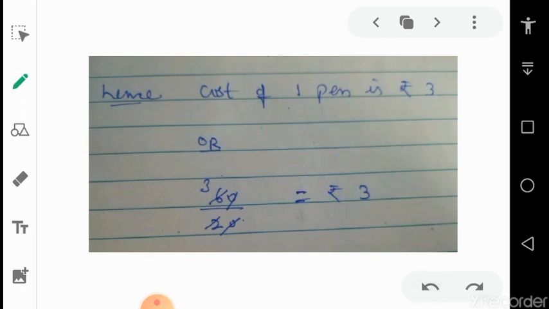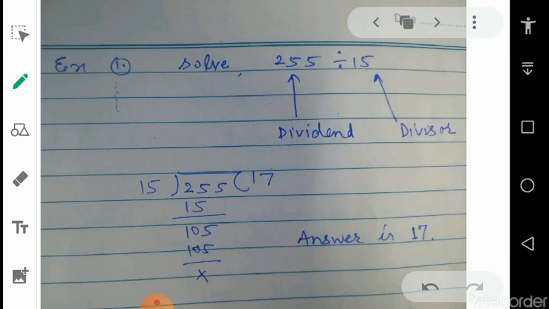Next is an example which is also important. Okay, solve 255 divided by 15. This notation is used for division, as the first number is always the dividend and the second is the divisor. Suppose we want to divide 20 by 5.